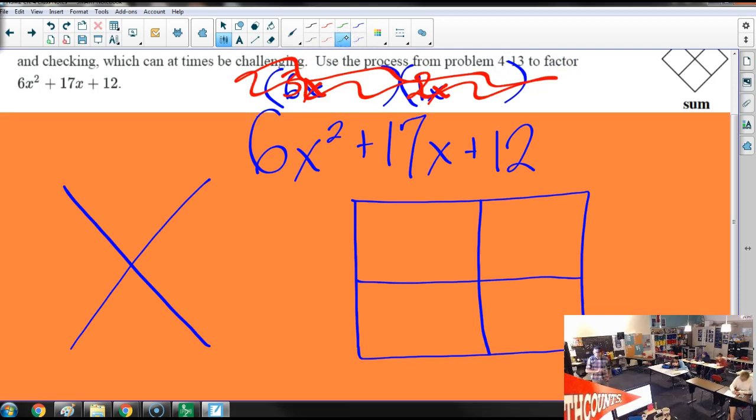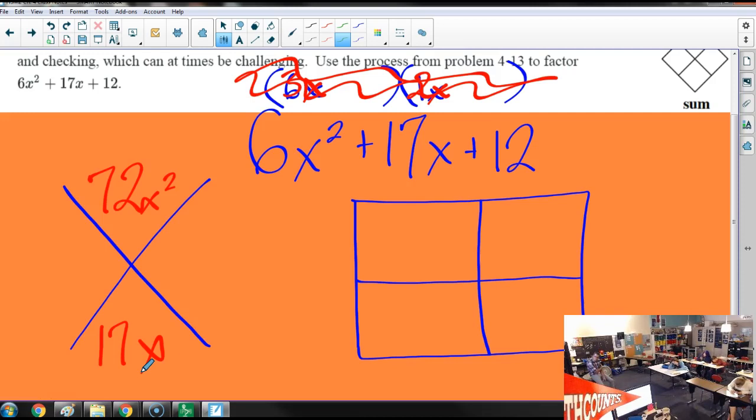What goes on top of my diamond? 72x squared. And on the bottom is the 17. Factors of 72 are kind of weird. It would have been funny if the 6 and the 12 just worked to make my B, but it doesn't.